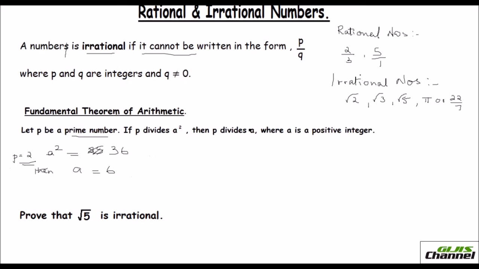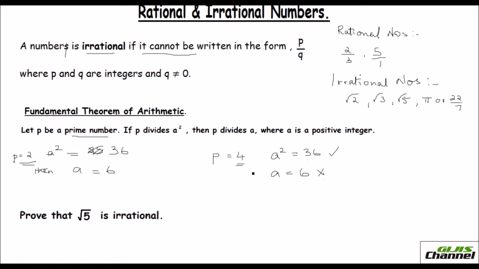Say for instance, if you take some composite number, let's take p as 4, and a square as the same 36. Here you find this composite number 4 can divide 36. It's possible. But a will be 6, right? And 6 is not divisible by 4.